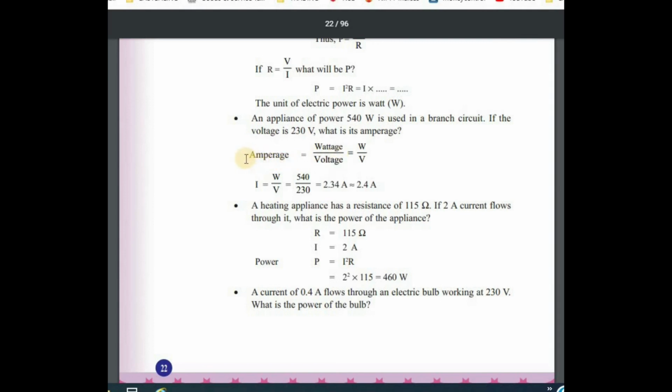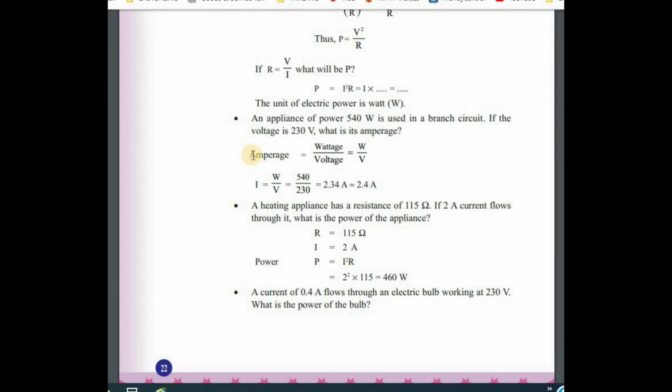Amperage means the maximum amount of current that can be circulated over an electrical circuit. That amperage value can be calculated as wattage by voltage, W by V.